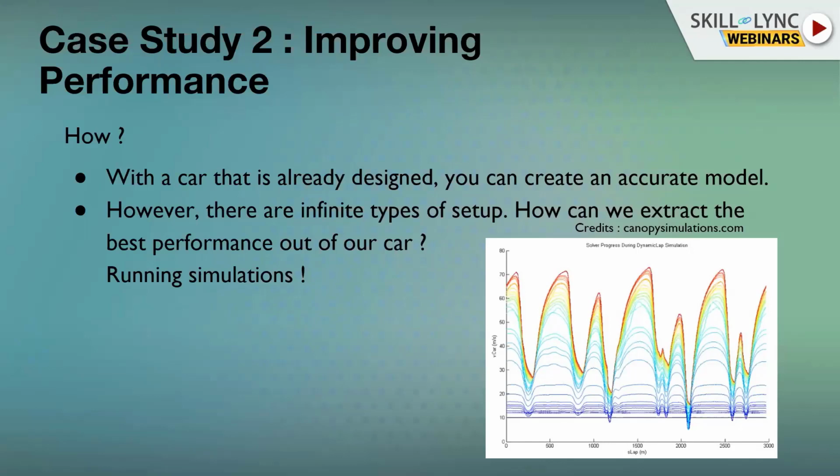So, for example, as I told you, in Formula 2 or Formula 3 teams, that's called a monotype category, which means each car is the same. So then all you have to do is build your model of the car, and then see various setups of your car to see what's the best setup you can have for a given circuit.